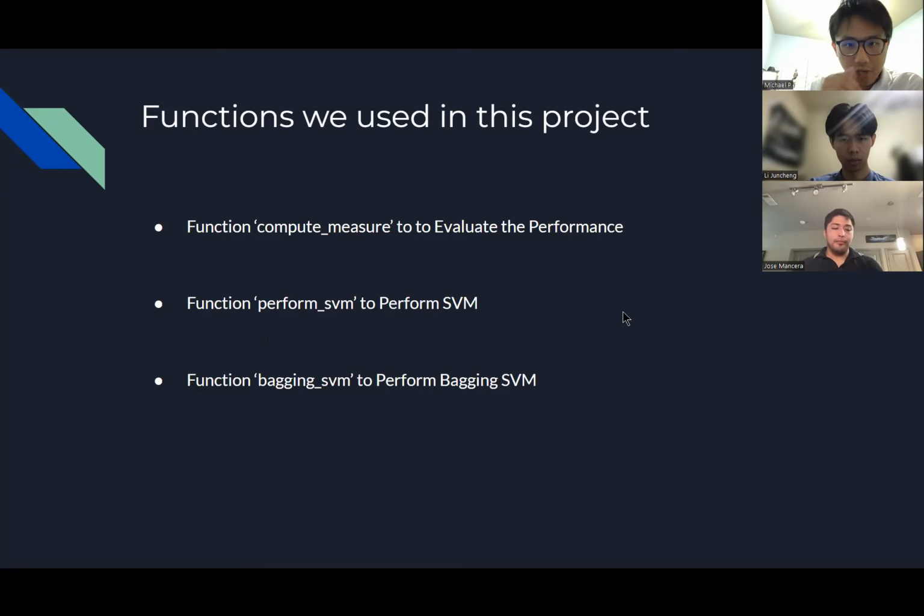On this slide, we used pretty much 3 functions. We declared the first one, compute measure, which measures all the scores. The second one is simply the original support vector machine. And last but not least, we're using the bagging method, which employs 3 different training data sets, so we can come out with a result as a whole.